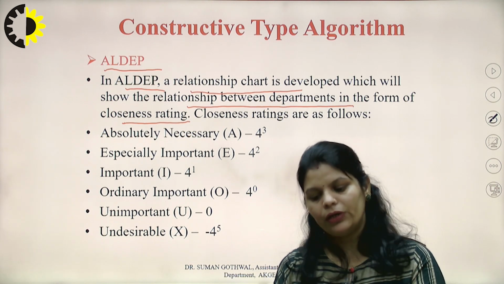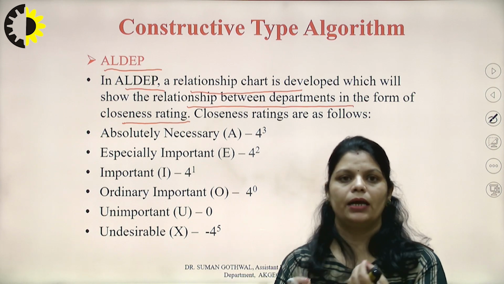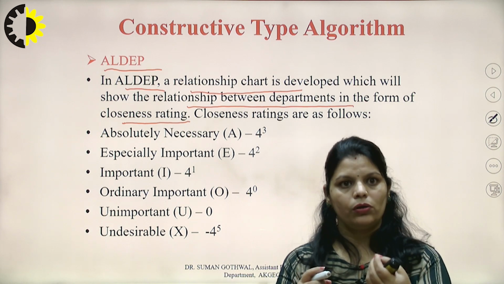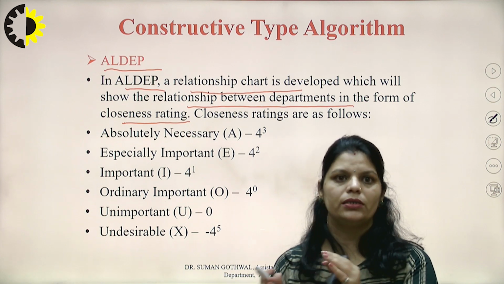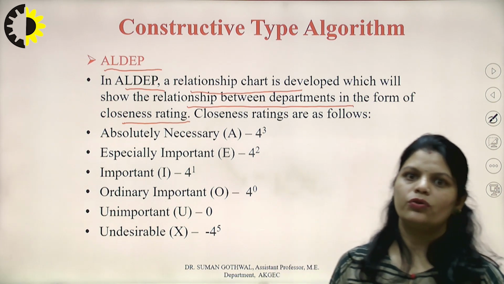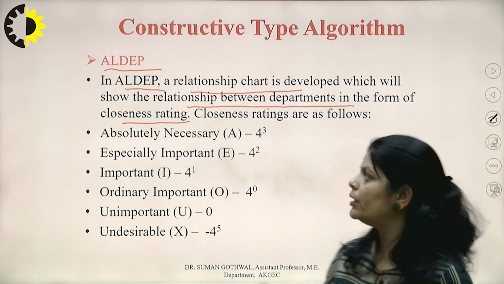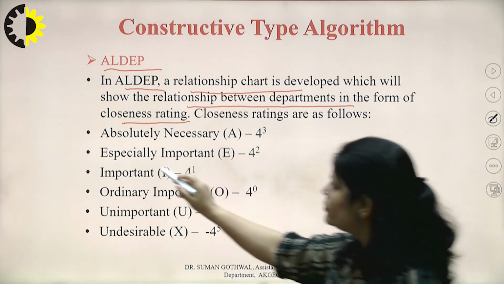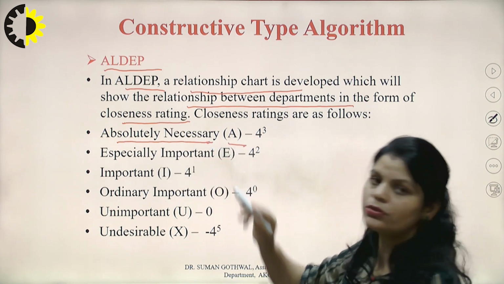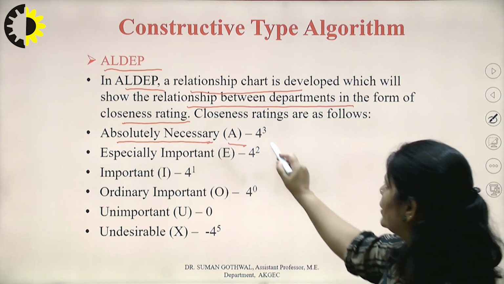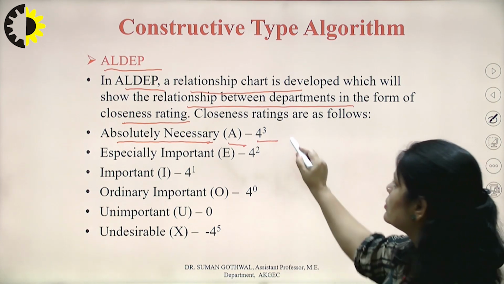We assign some alphabets, and every alphabet or rating has a numeric value, which is known as the closeness rating. So in terms of the closeness rating, the relationship between different departments will be shown here. We have the rating absolutely necessary, for which we use the alphabet A, and its numerical value is 4 to the power 3, that is 64.